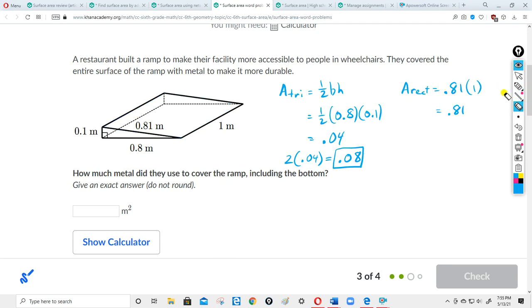However, the one on the bottom is different. Look at the bottom rectangle. The 1 is still the same, but this piece here is just 0.8. So you have to be careful. For the one on the bottom, it's going to be 0.8 times 1, and that's just 0.8.